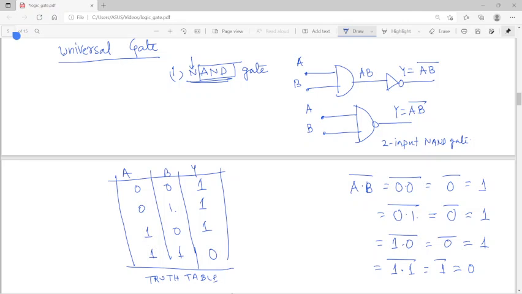So now why is it called universal? Because we can implement all the basic gates by using this universal gate. That means by using only a single universal gate you can realize all the Boolean functions.